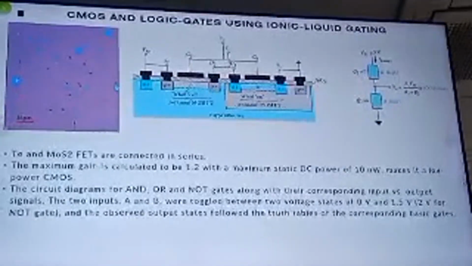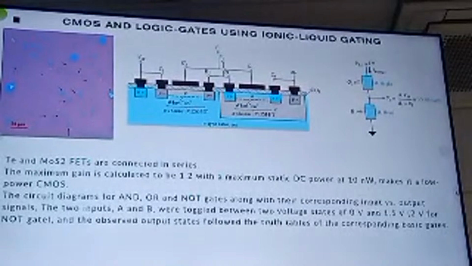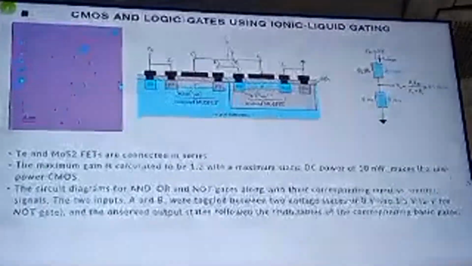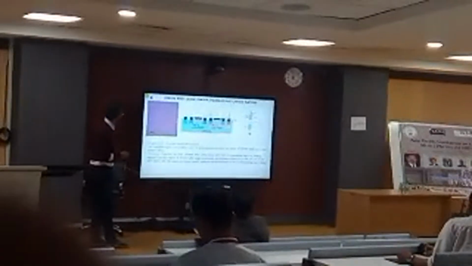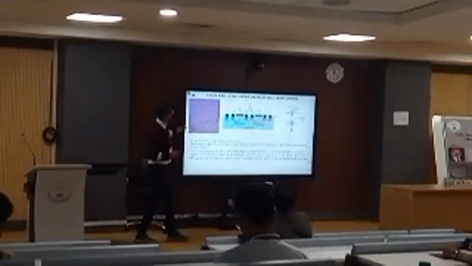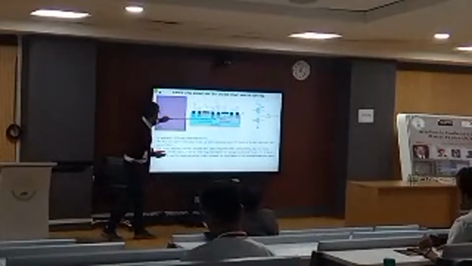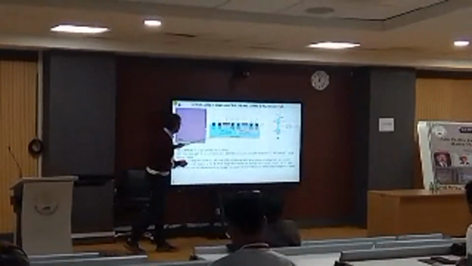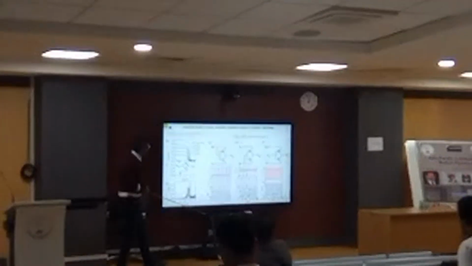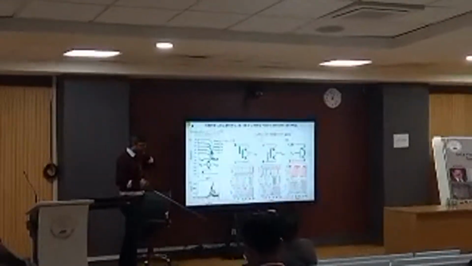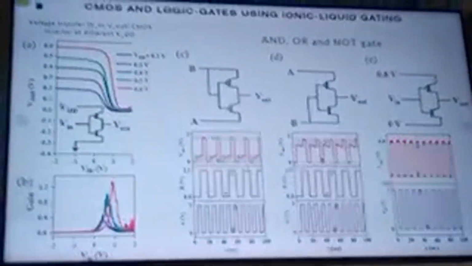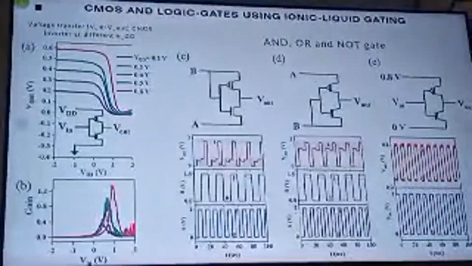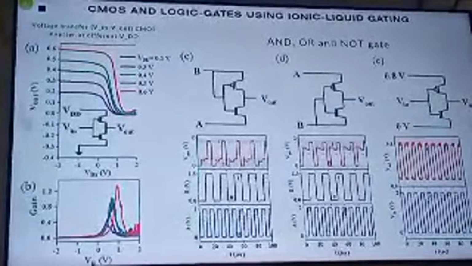Let's say this is the broad area image of the hybrid circuits, where you could find only tellurium and MoS2 circuits. There you could find the complete architecture of CMOS. We have followed exactly this way, and we have found the basic logic operations with CMOS, where you can find the gain and different logic operations.